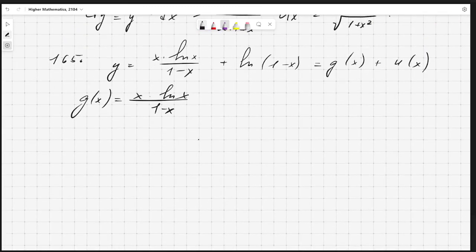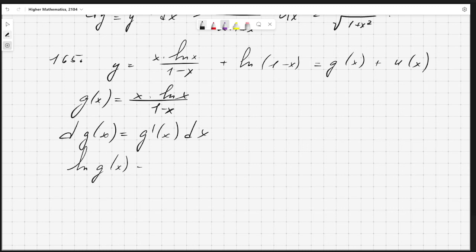Find dg of x, which is g prime of x dx. Use logarithmic differentiation: the natural logarithm of g of x is the natural logarithm of x plus the natural logarithm of x minus the natural logarithm of 1 minus x.